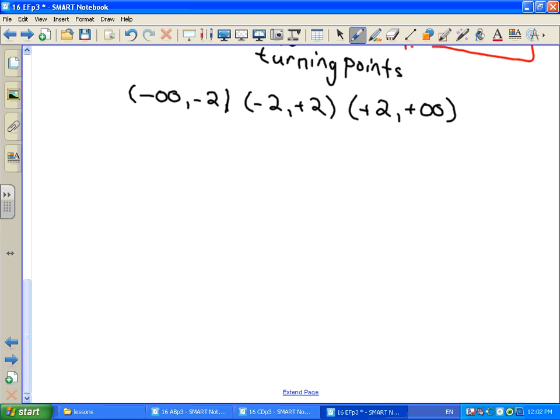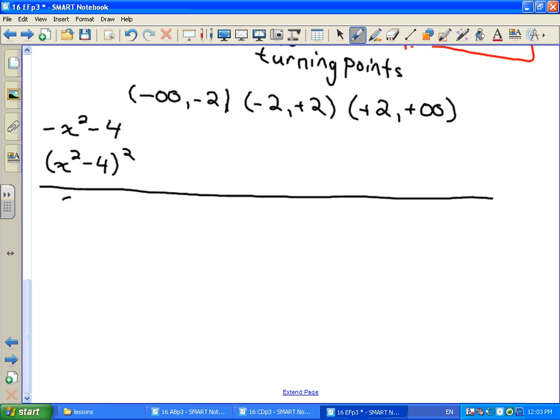So we list the terms in our first derivative: our numerator, and our denominator, x squared minus 4, all squared. We're trying to figure out the sign of our first derivative here. The second one is easy. It's always going to be positive.